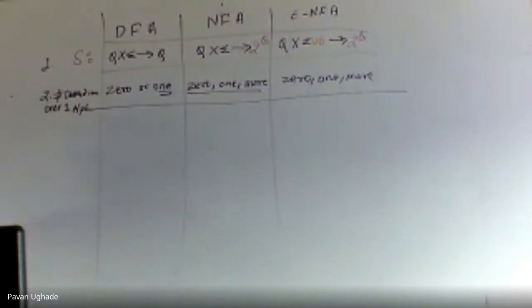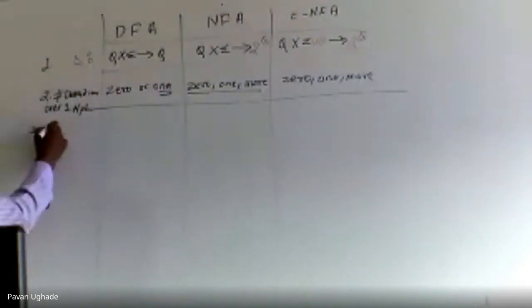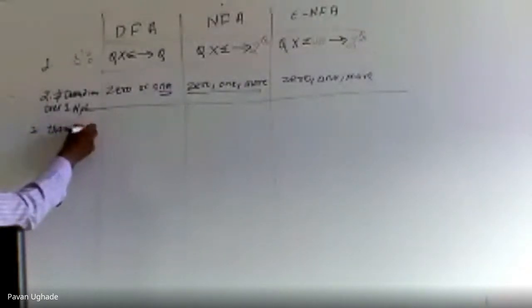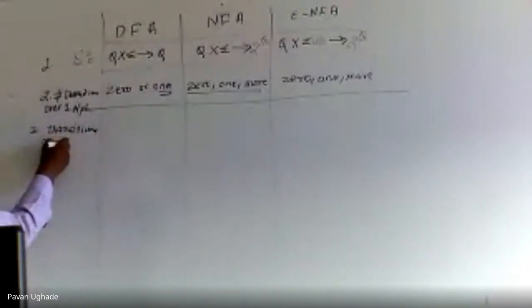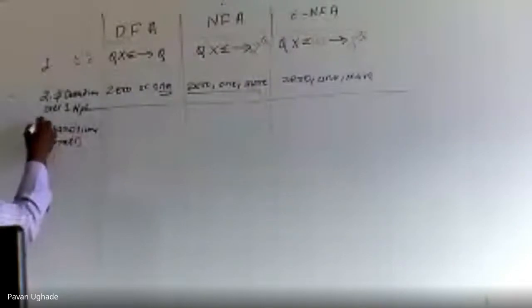Then the third point we will be discussing is the number of transitions. Now I am talking about the overall transitions.